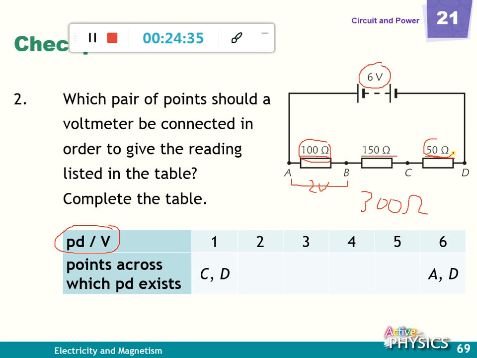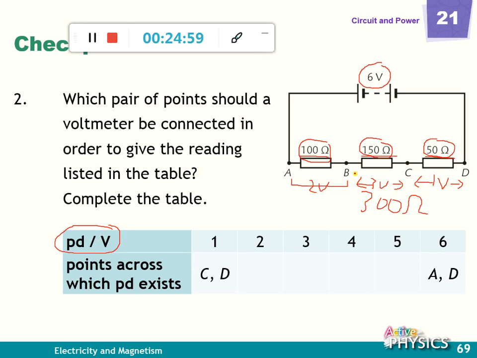How about this? 50 over 300 should be 1/6. Then it means that this one should be 1 volt. How about 150? Should be half of it, 3 volt. Pay attention. 1 volt, 2 volt and 3 volt are just only for the potential difference.